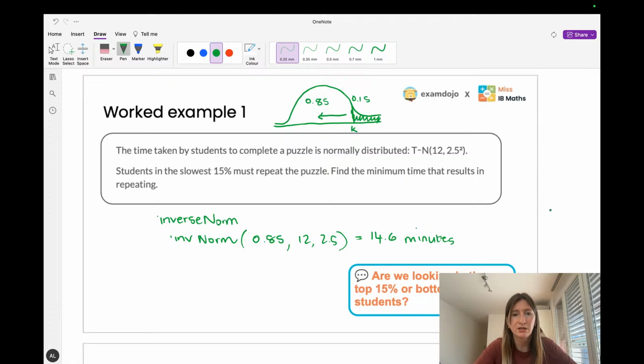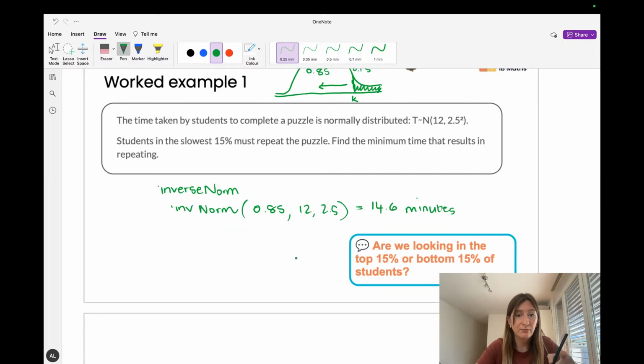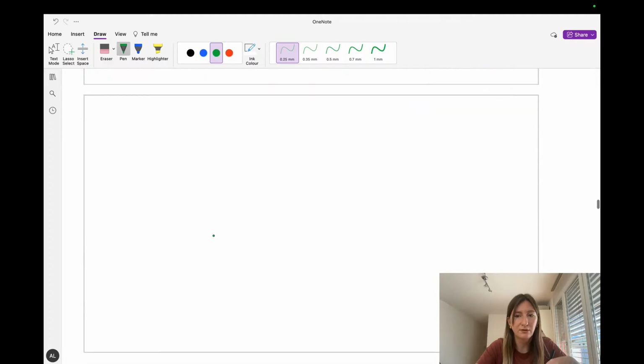They don't actually say in this question, but I'm assuming minutes and not hours. So the minimum time that results in repeating is 14.6 minutes. So what I want you to remember, if there's anything like slowest, anything to do with time, think about it a little bit more in the context of the question.